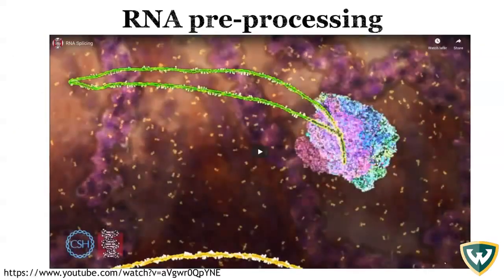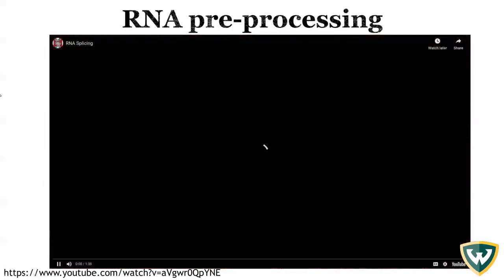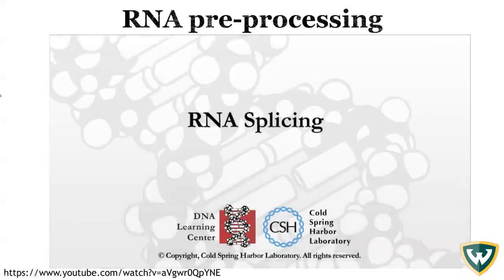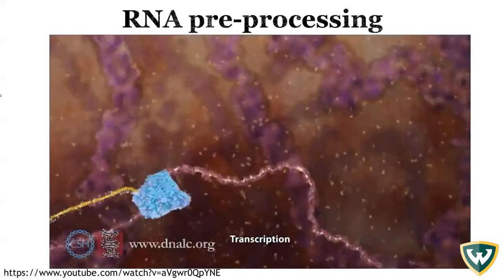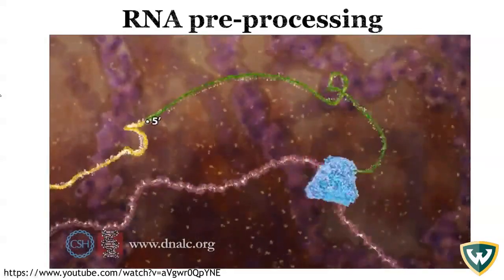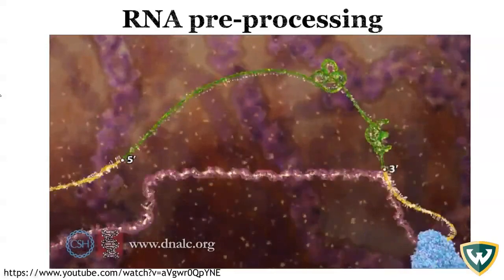So let's take a look at that again with our little graphic representations. As DNA is transcribed into RNA, it needs to be edited to remove non-coding regions or introns, shown in green.